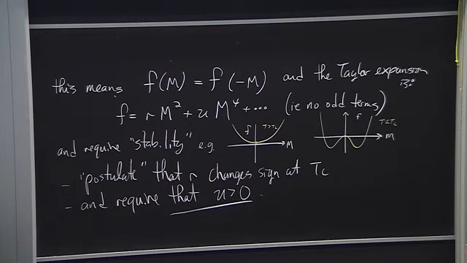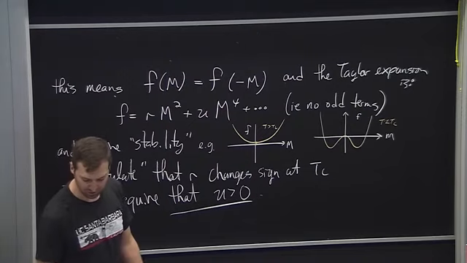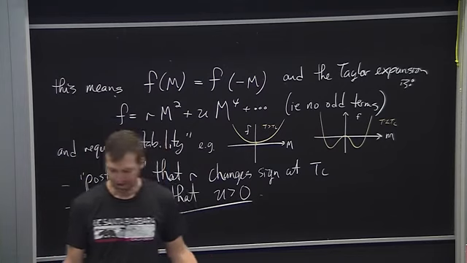What you're doing in question 4 is you're constructing a free energy for an order parameter and a Hamiltonian that have different symmetries. And what I'm asking you is what the exponents are. I'm not asking you to solve the free energy, just asking you to write down the free energy in this form, and then to argue whether or not you get the same or different critical exponents. Okay, so like I say, don't do too much work for question 4. It's more thinking.